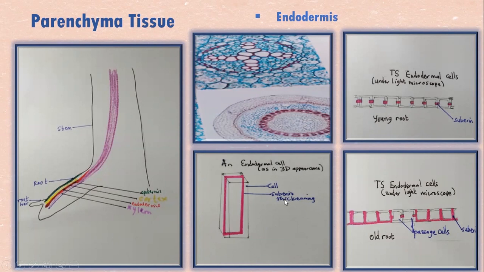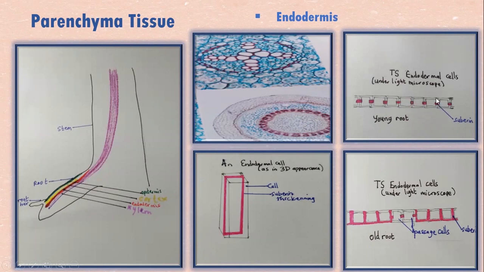Now, what is the function of the endodermis? Well, we look at this one, the cells are not very well seen. The structure is small, but you see this is the endodermis here. Now, all the endodermal cells, these suberin, they form a strip.